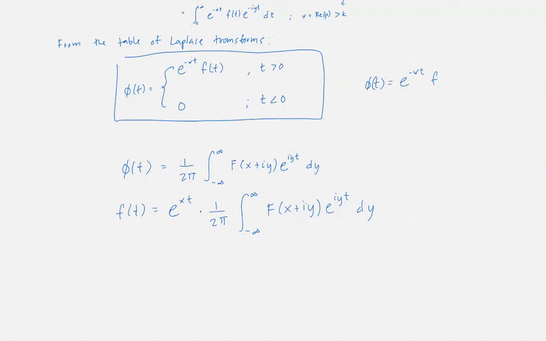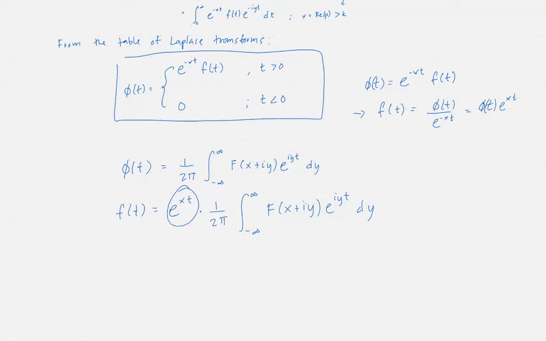So this is just phi of t over e raised to negative xt, and this is just phi of t times e raised to xt, which is why we have e raised to xt here.